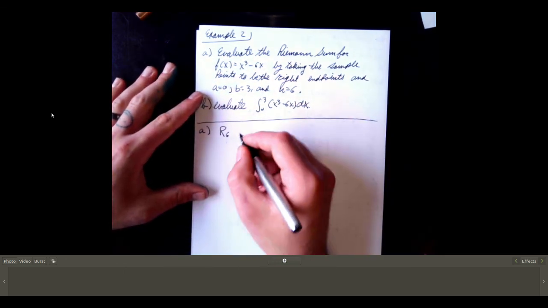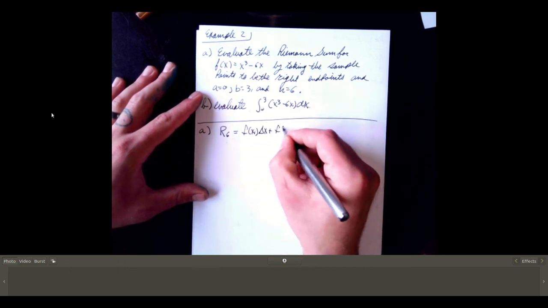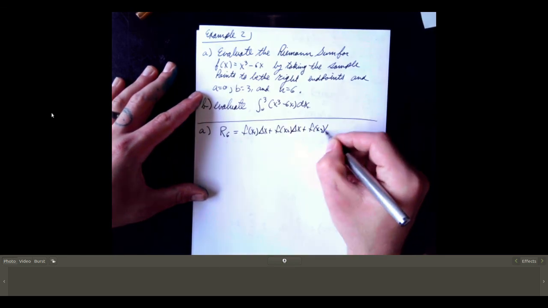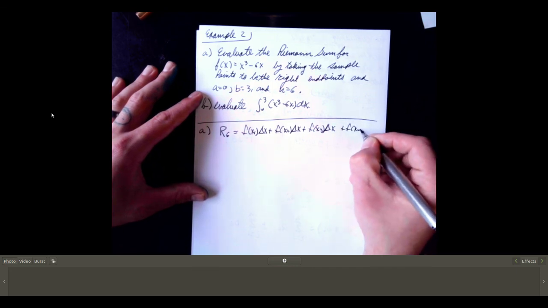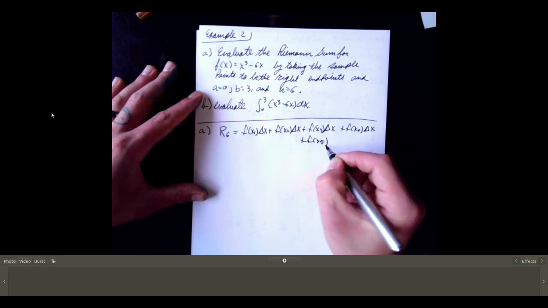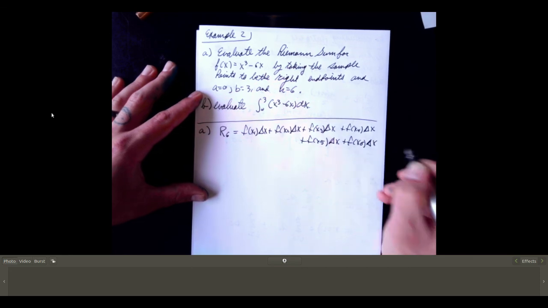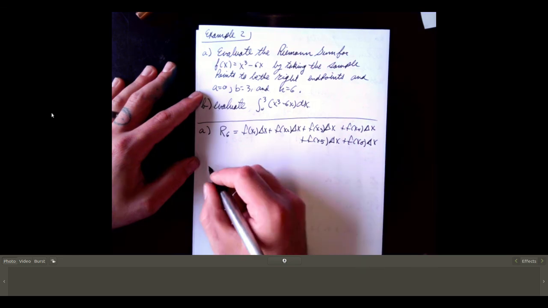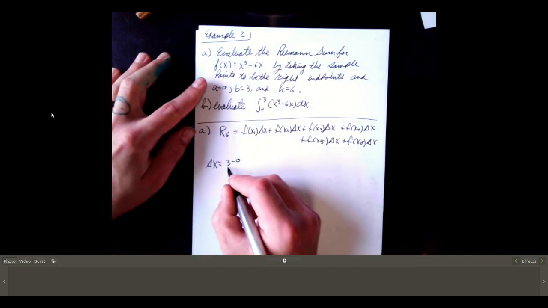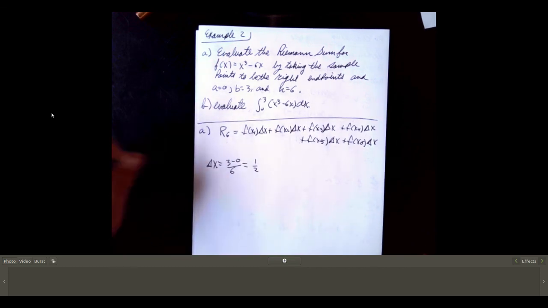So R6 is going to be f of x1 times delta x plus f of x2 times delta x plus f of x3 times delta x plus f of x4 times delta x plus f of x5 times delta x plus f of x6 times delta x. So we need a delta x. Delta x is going to be 3 minus 0 divided by 6, which equals 1/2. And we need to figure out what our right endpoints are.